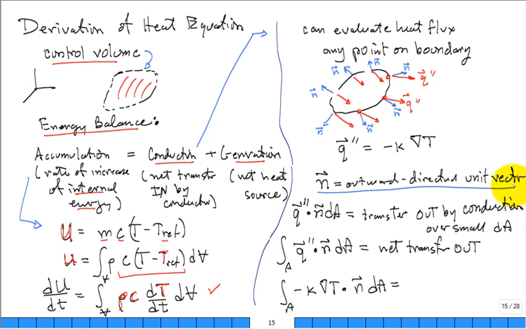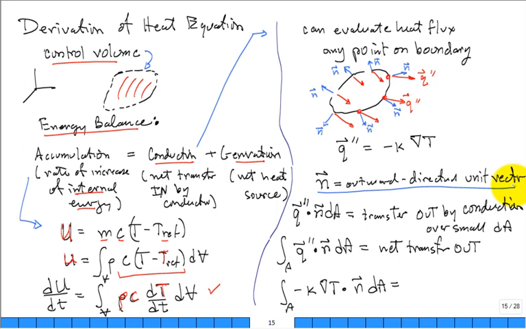Why isn't it inward directed? Or is it inward directed for 50% of the textbooks and outward directed for 50%? I am happy to report that I've never seen an inward directed unit normal vector for an area. Every textbook I've seen, it's always outward, which is nice.